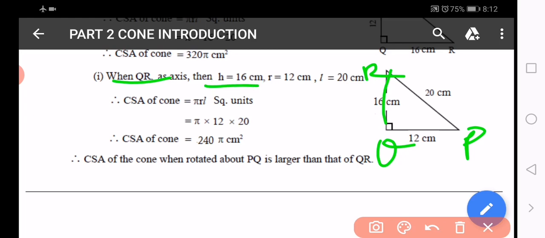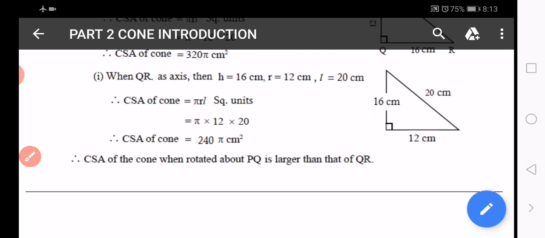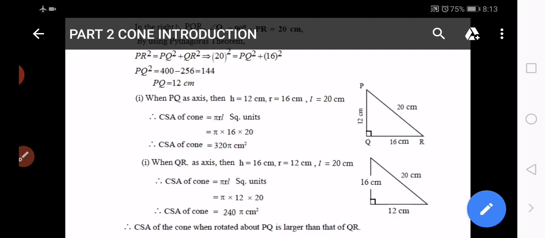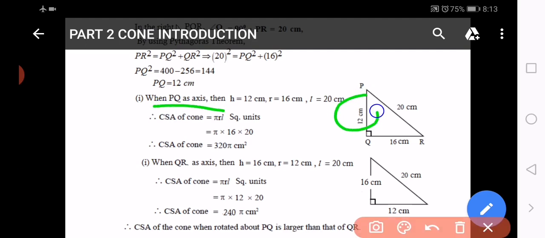Then which one is base? Radius, that is 12 centimeter. And slant height does not change, it is equal to 20 centimeter. So in comparing these two areas, first one has PQ as axis, so PQ is the height of the cone, and second one has QR as axis, so QR, 16 centimeter, is the height of the cone.